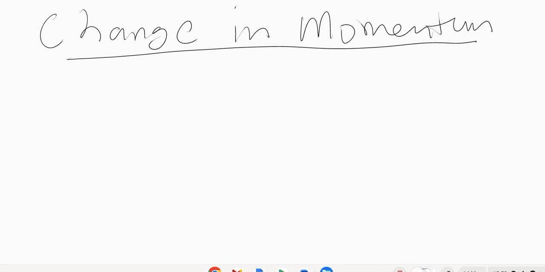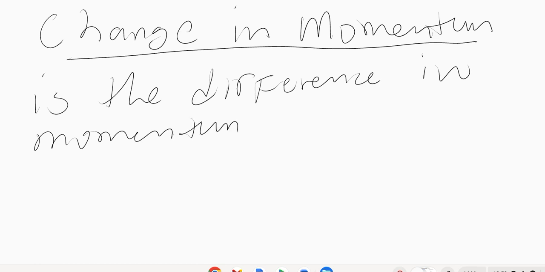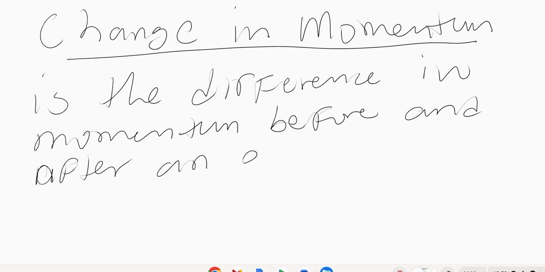So the change in momentum is the difference, let me write that, the difference in momentum before and after an event, right?